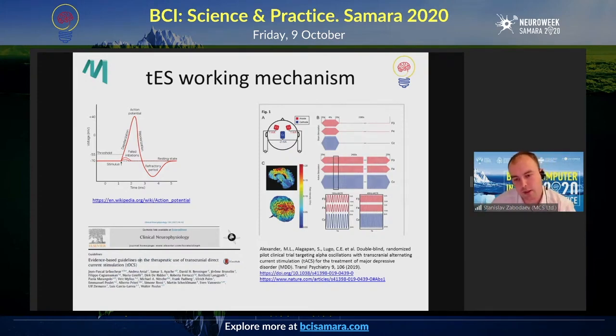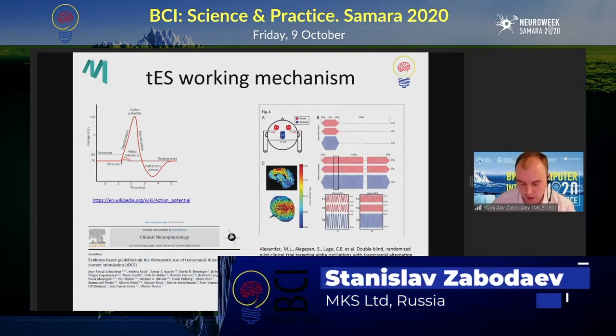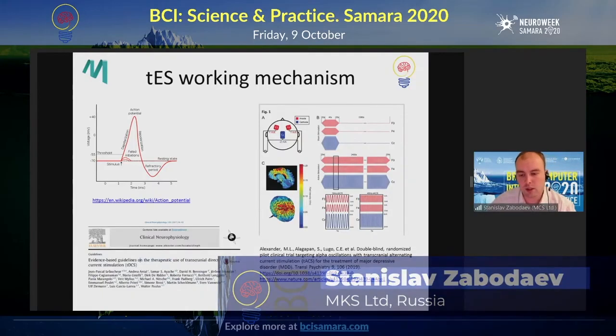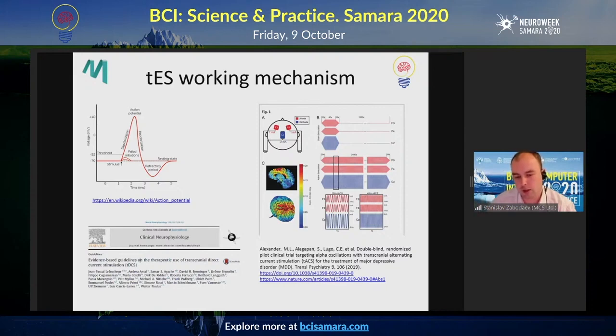And back then, there was a certain summary that in some cases, DC works well, and some are doubtful. It definitely works when you need to treat different types of pain, migraine. It works quite well for depression, all sorts of dependencies and addictions.